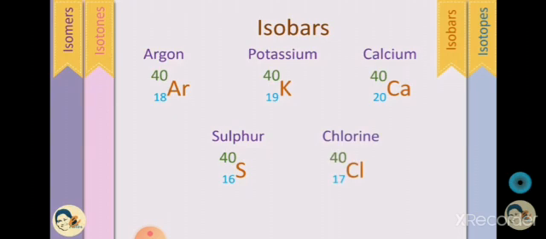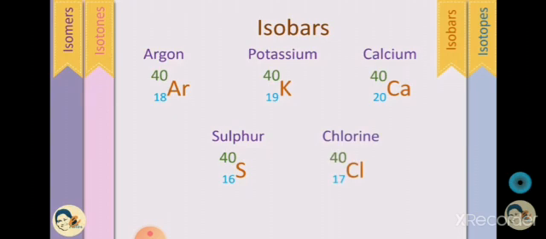The first one, argon, has the atomic number 18 and the mass number 40. Another element, potassium, has atomic number 19 and mass number 40.